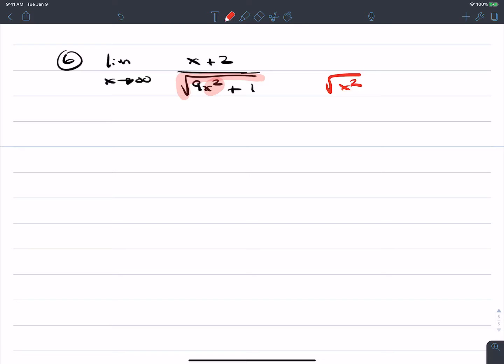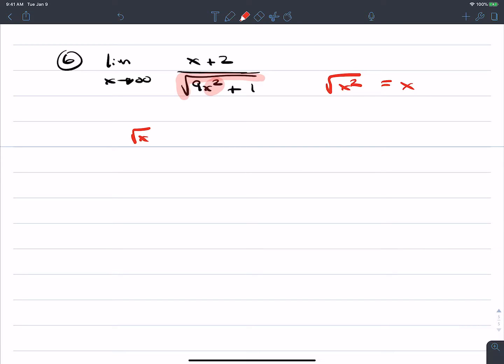So if we look at the square root with the variable, we can ignore the constant. We can now figure out what the variable with the highest power would be. So we have the square root of x squared, and what does that mean? Do you guys know? Yeah, the square root of x squared, you can say, is the value x.